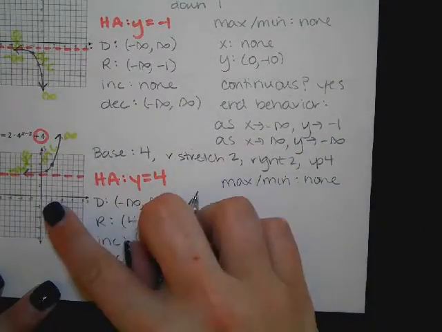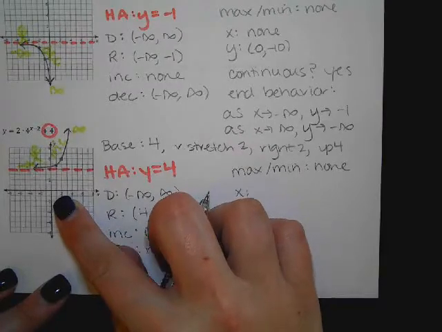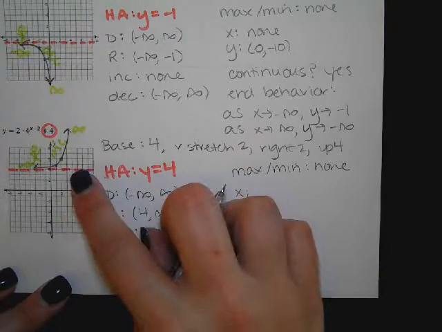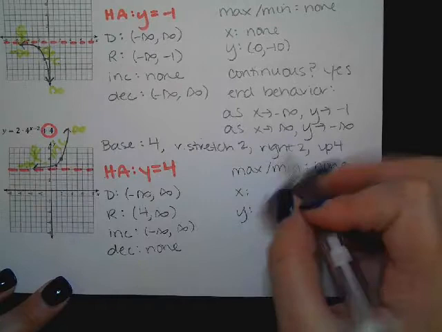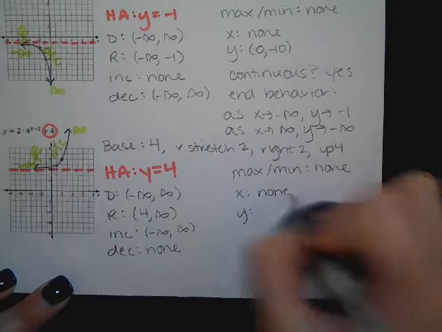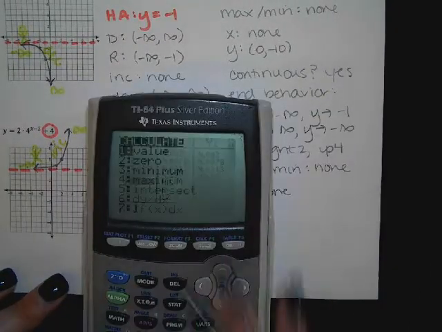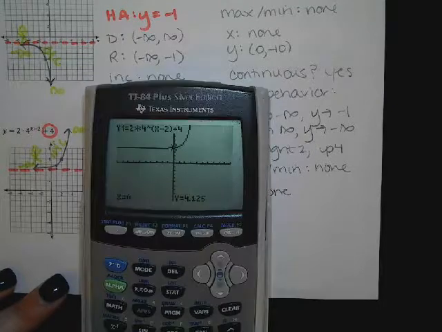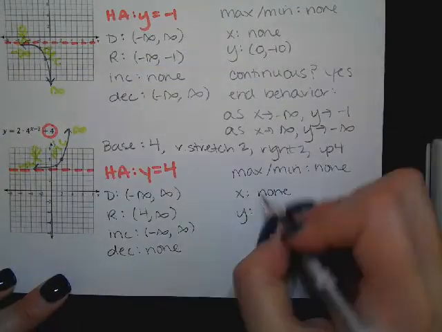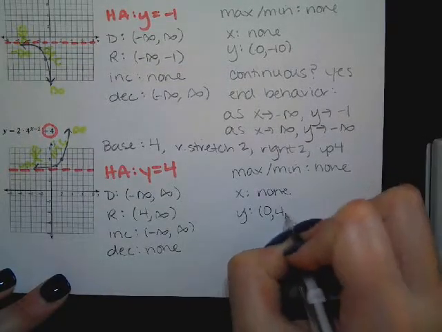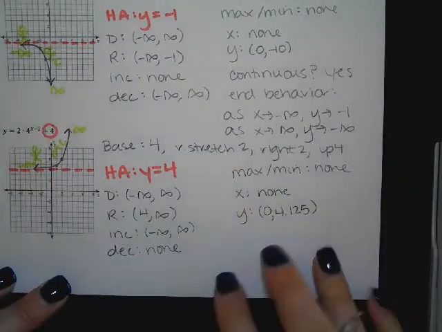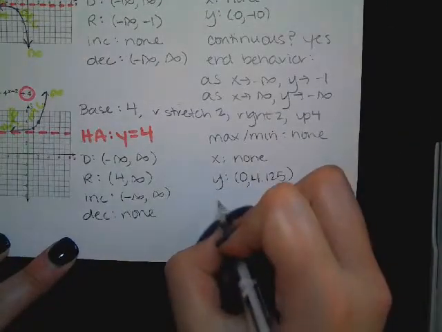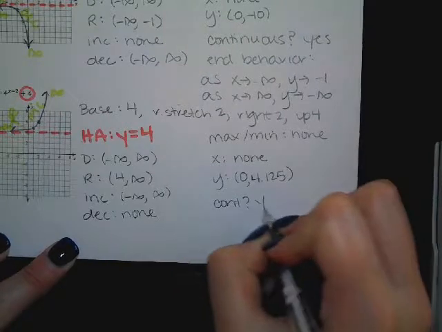Again, we actually don't have an x-intercept because the asymptote is keeping the graph away from the x-axis, so we're going to put none. But I can go ahead and find the y-intercept. I'll just plug in 0, and I get (0, 4.125). Okay. Is the graph continuous? Yes.